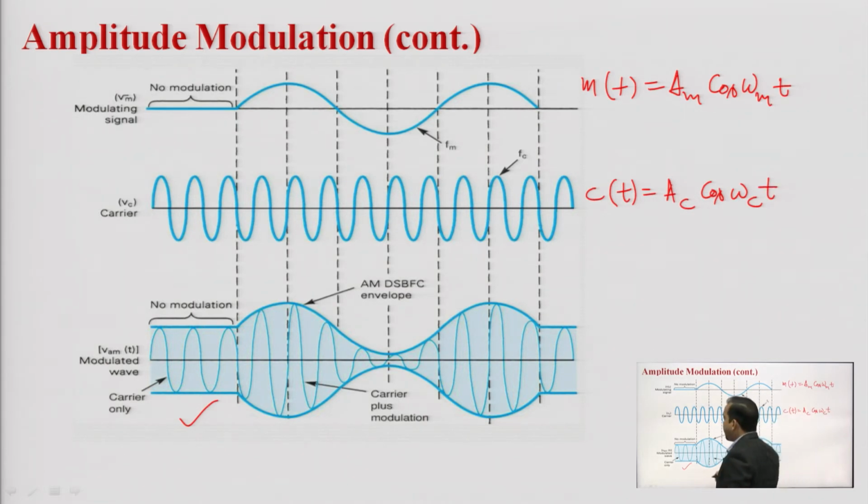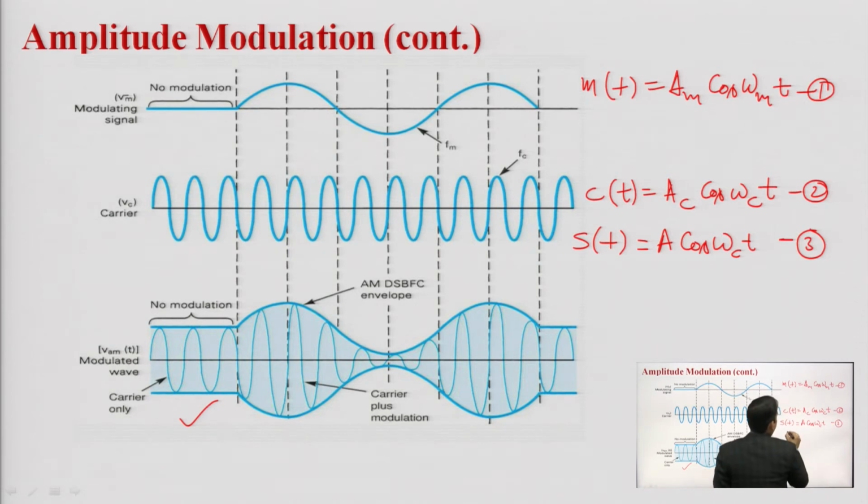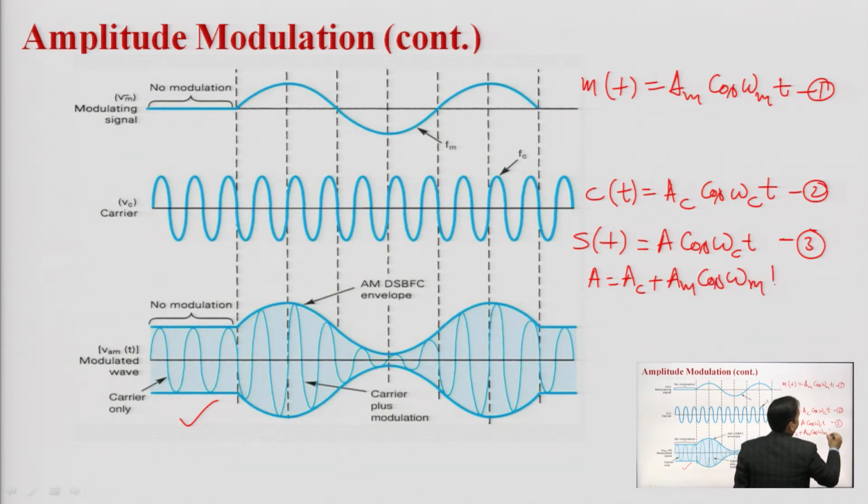Now, as per the definition of amplitude modulation, let us say s(t) is nothing but A cos omega c t. This is the first equation, this is the second equation, this is the third, where A is nothing but Ac plus Am cos omega m t.